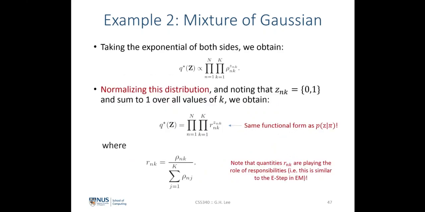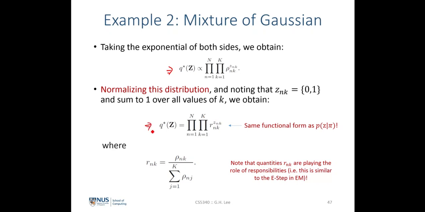Now taking the exponential on both sides of the log q of z, we can see that the final expression of the optimal solution of q is given by this expression over here. We need to normalize this q star of z with the partition function, which is simply given by the summation over the numerator of rho.